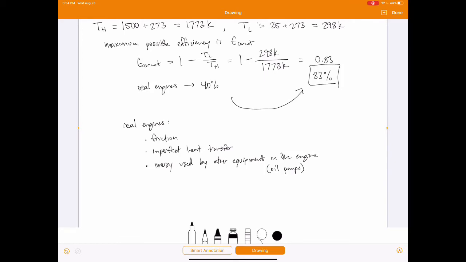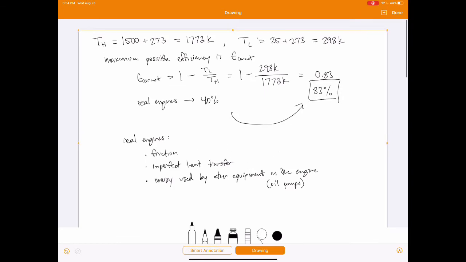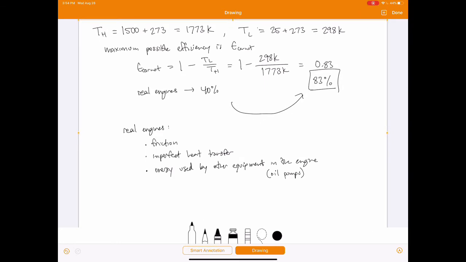So to move oil around within the engine, that wastes some of the energy. There are a bunch of other things we could say, but there are a whole lot of reasons why the best possible is 83% around there, and the best we've ever been able to achieve is about 40. And there's a lot of room for improvement as an engineer to make a more efficient engine.